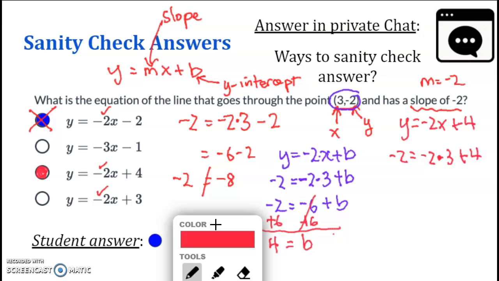So -2 on the left hand side is very simple, so we don't need to do anything to it, but we just need to simplify the right hand side until we get down to one number. -2 times 3 is -6 plus 4. What's -6 plus 4? -6 plus 4 is -2, and that is indeed equal to -2. So that checks out, so I know that this is the correct answer.